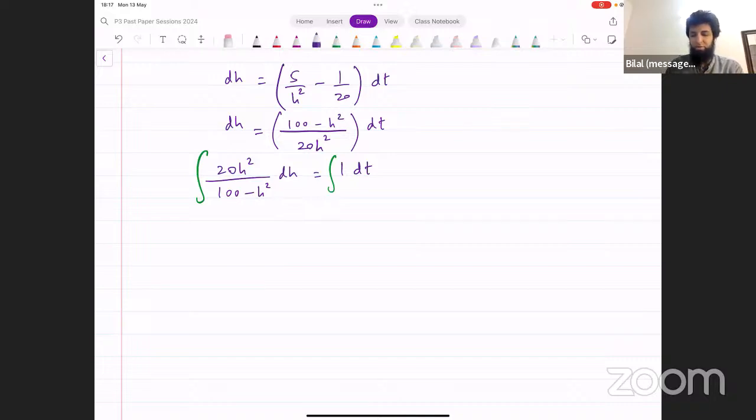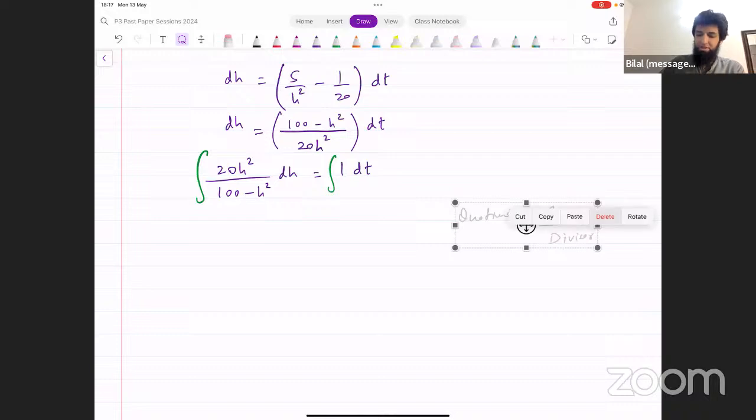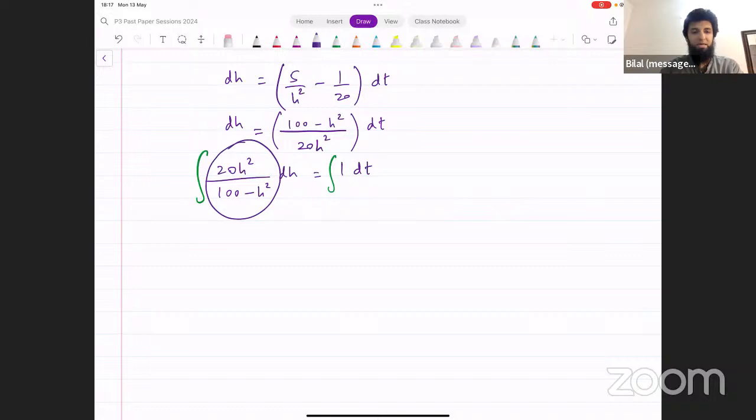It's an improper fraction. You could either do quotient plus remainder over divisor. That could work here. But once you do that, you'll have to do partial fractions after that. In this case, since it's an improper fraction in which the degree of the numerator and the degree of the denominator are both the same, the numerator does not have a higher degree.